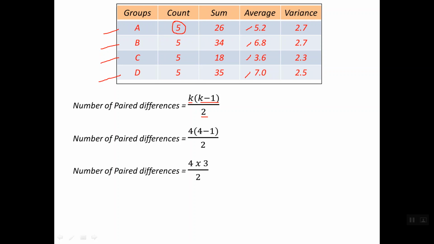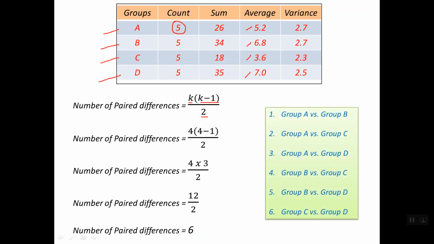So if we proceed in the calculation, we get the last value for the number of paired differences to be 6. So we have 6 pairs of means for the four groups, and these 6 means are the following.